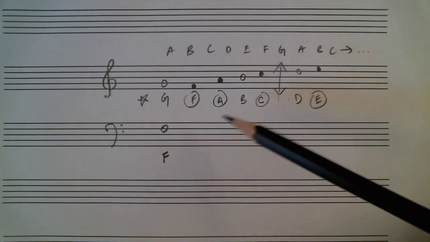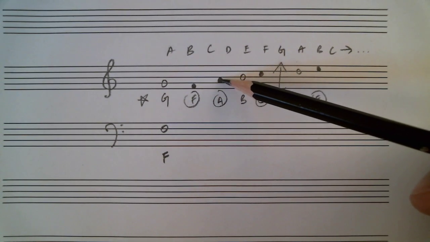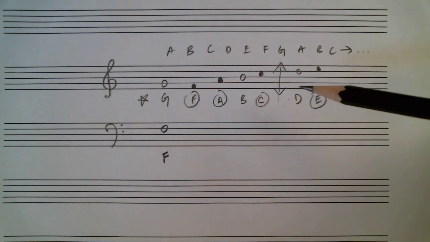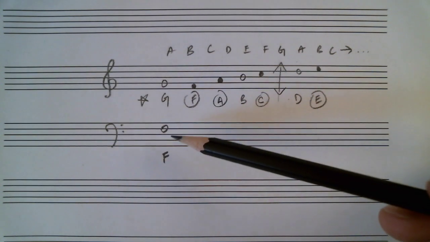One note below G would be F, one note above G is A, and so forth. When we say below and above, we're using notes on the staff, and we alternate line and space, line and space.